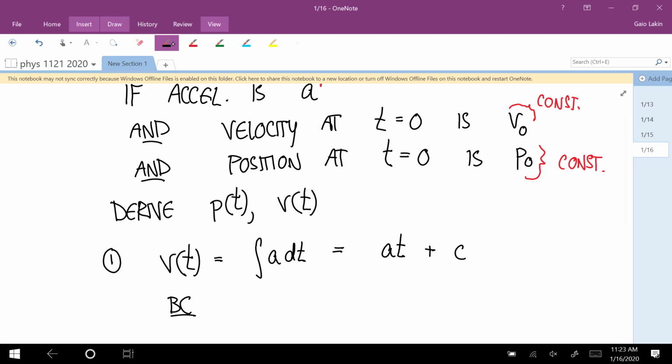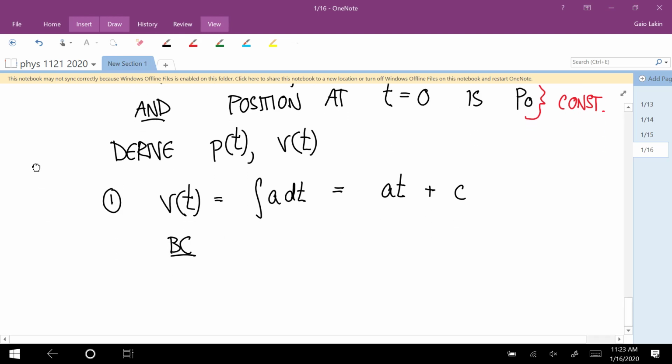Anybody have any questions about the thought process here? Okay, so we know that when t is equal to 0, v is equal to v0, so we have this equation. And that tells us that c is equal to v0.